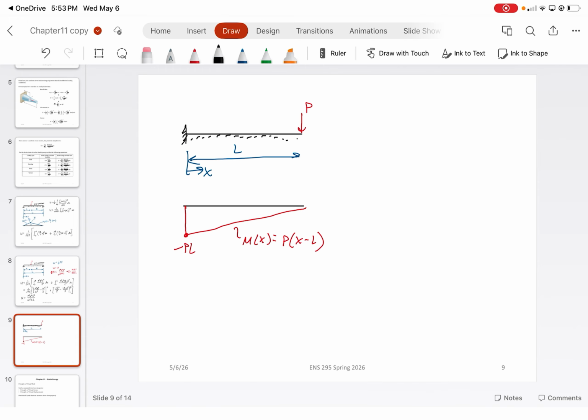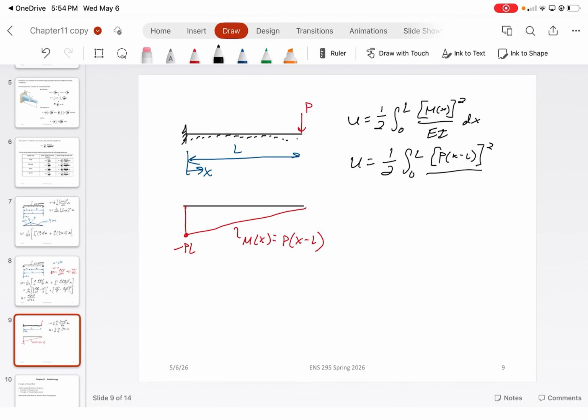Again, let's use strain energy to calculate: 1/2 times the integral from 0 to L of M of x squared divided by EI dx. You end up with 1/2 times the integral from 0 to L of P times (x minus L), the whole thing squared, divided by EI dx.